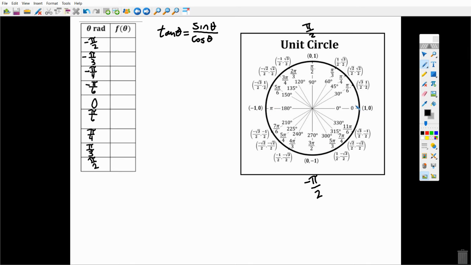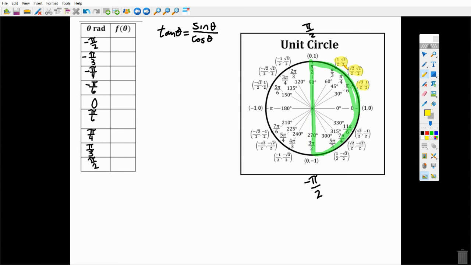But if we count this way, this would be negative pi over 2, negative pi, negative 3 pi over 2, and then back to negative 2 pi if we go clockwise. So what does that mean? We're going to be focusing our attention on the first and the fourth quadrant of this graph, and specifically on the sine and cosine values here.